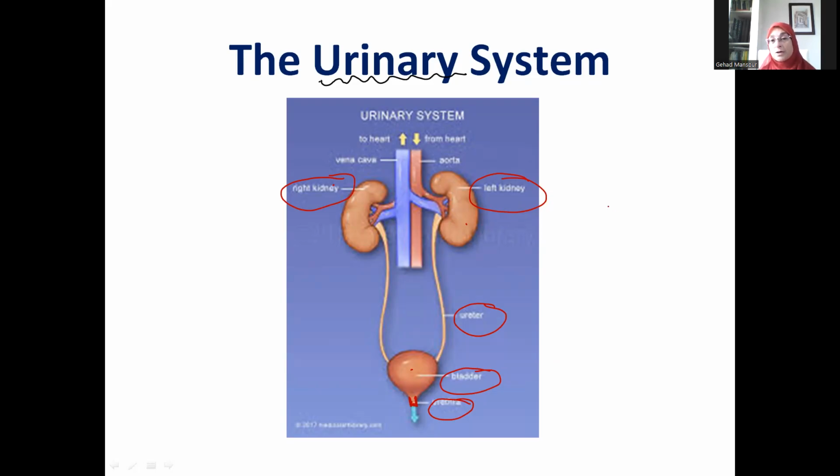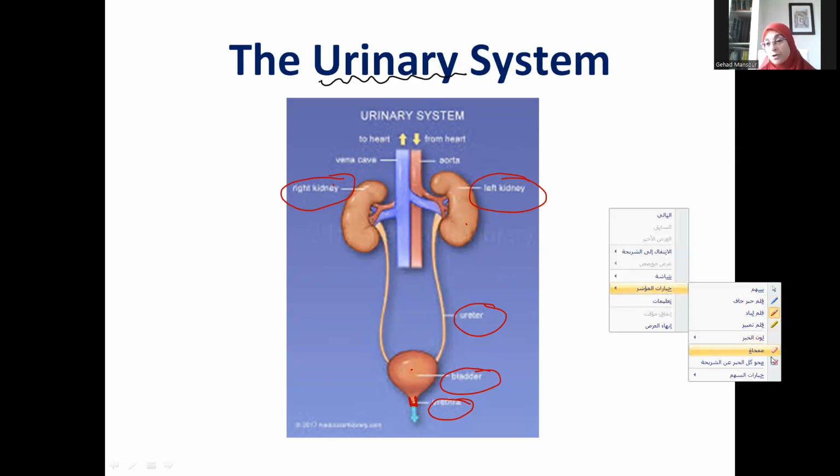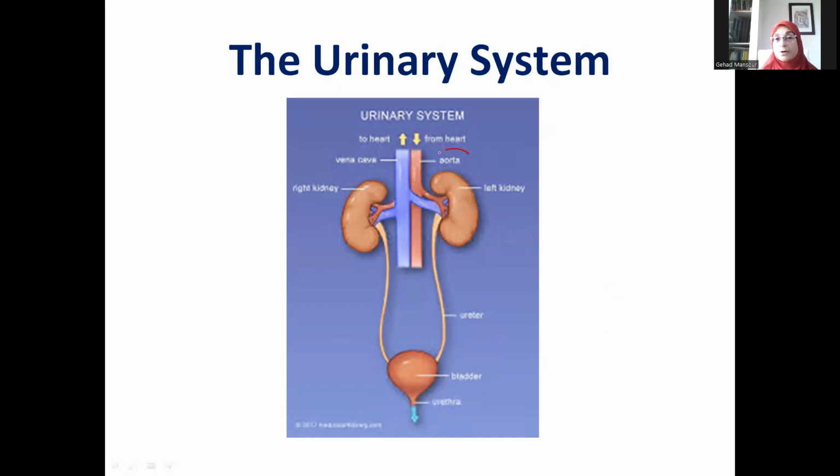But the kidney has to have its own blood supply. And here we can see the aorta coming from the heart. And actually, the aorta is the largest artery in the body, and it gives rise to 2 renal arteries.